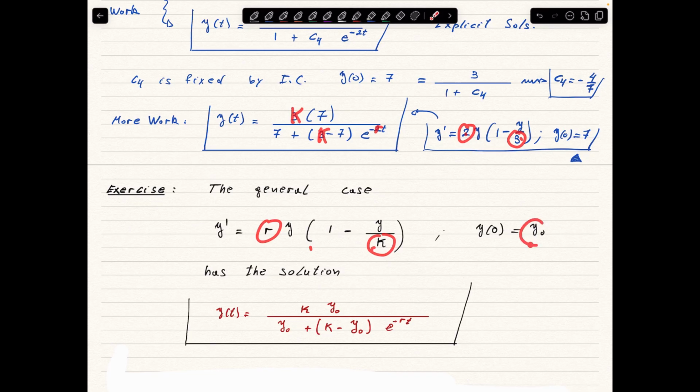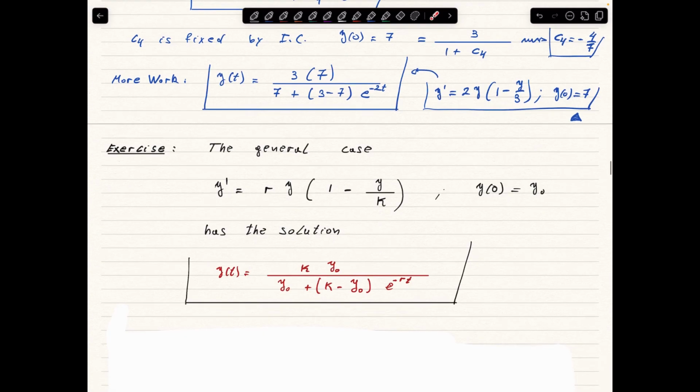And when we have y0 instead of 7, we need to put y0, y0, and y0, and then you end up with this expression for the solution: k y0 over y0 plus k minus y0 exponential negative rt. And this is the solution of the initial value problem for the logistic equation with some initial condition.